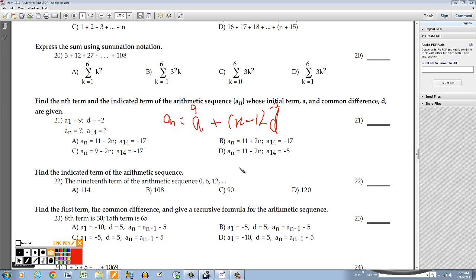Okay, so that would be 0 plus, and it wants the 19th term, so that would be 19 minus 1 is 18 times, and then we're multiplying by d, and here the common difference, we're adding 6, so this is going to be 6. So 6 times 18 is 108. So the answer to 22 is B.